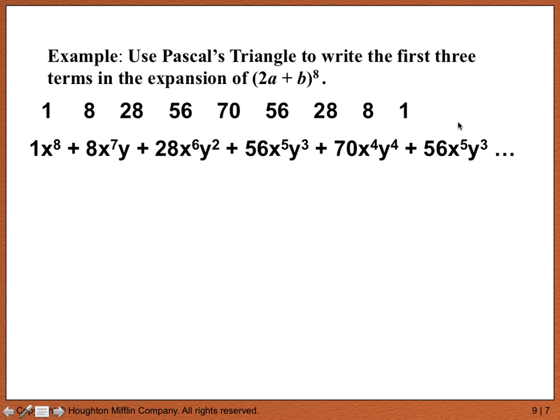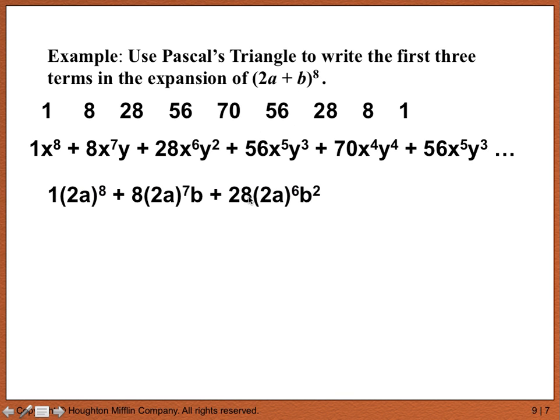Now this is just the raw pattern of Pascal's triangle. All this is showing is the general form. Now your job, which I assume you already did, is to replace the general x with 2a and replace the general y with b to get our specific answer.